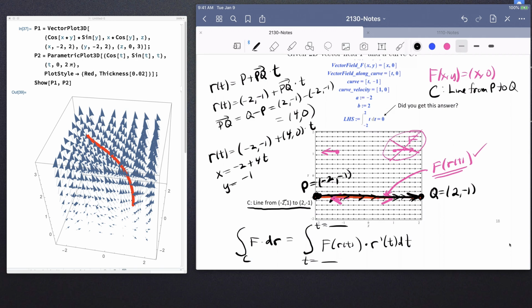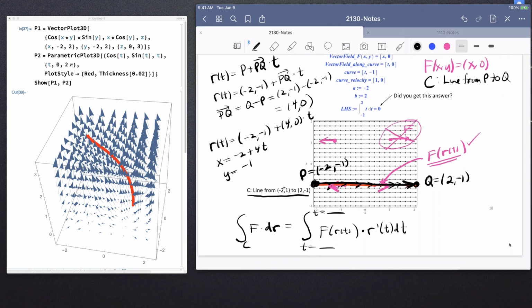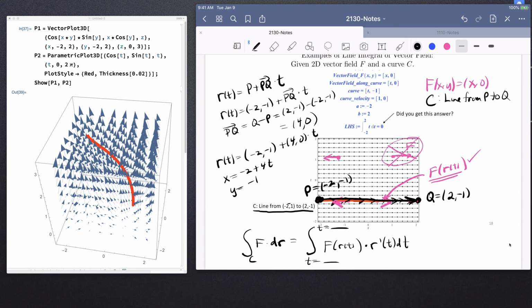When we look at our vector field along the curve, we need to plug in x is equal to -2 plus 4t and y is equal to -1 in this vector field wherever you see the x and the y.